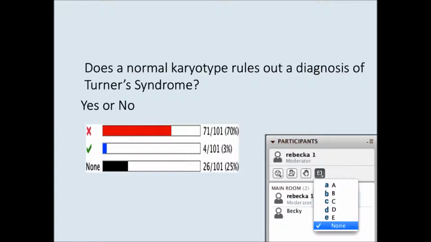If you remember back to when we were discussing inheritance patterns, we said that females typically have 2 X chromosomes, and in the process of fertilization, those are divided up. During that process, you can end up with a situation where some cells have 2 X chromosomes in Turner syndrome, and some cells only have 1.